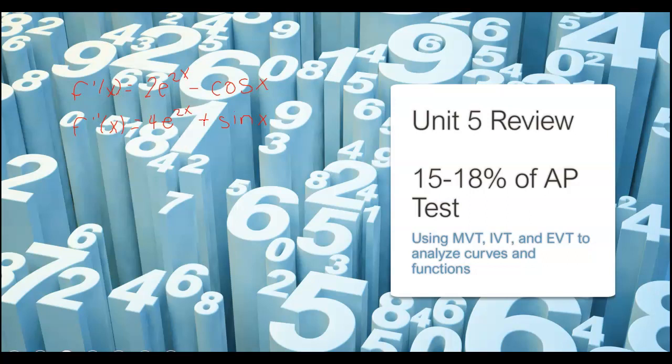Mean value theorem says that the slope of the secant equals the slope of the tangent at any given point if you have a closed interval that is continuous and differentiable on the open interval. So since we're talking about the open intervals, it needs to be continuous and differentiable on the interval.